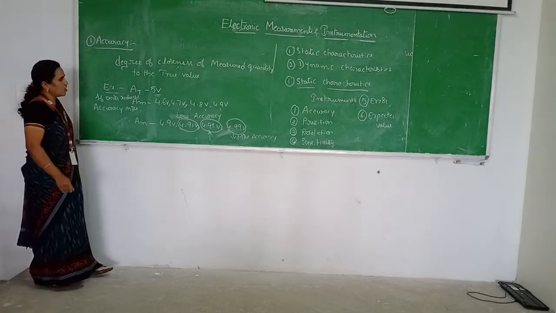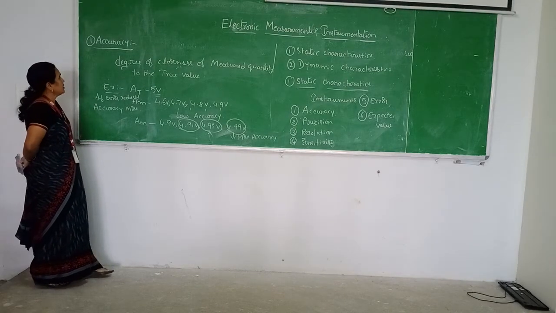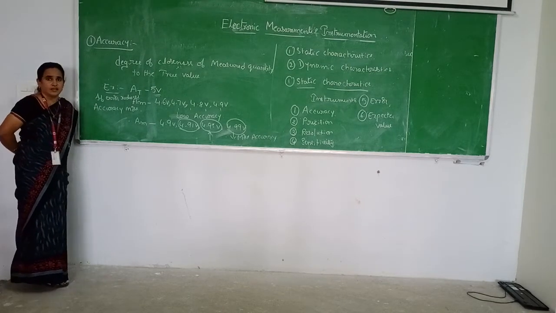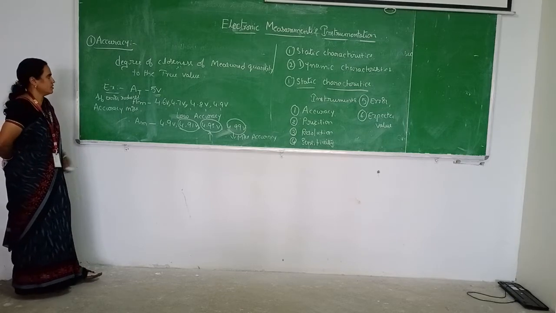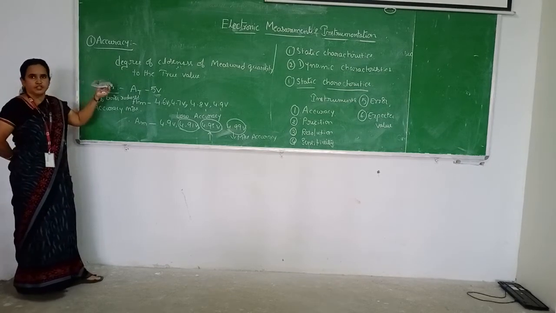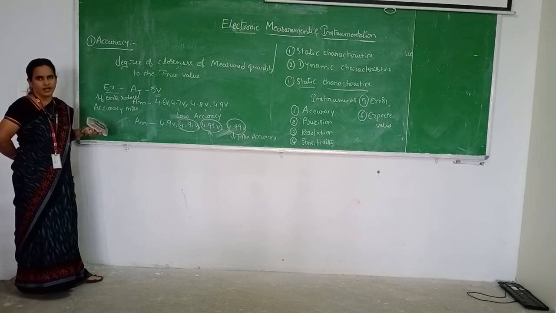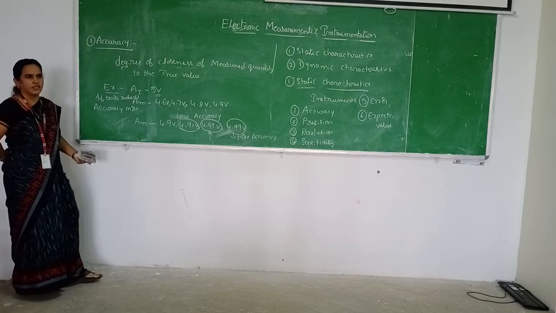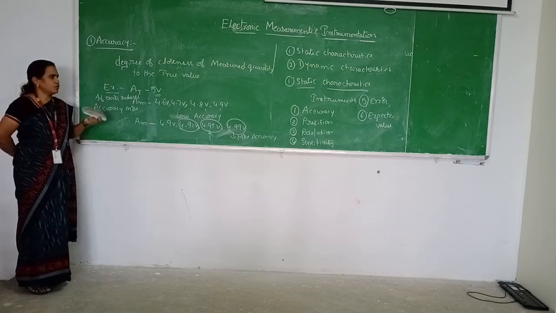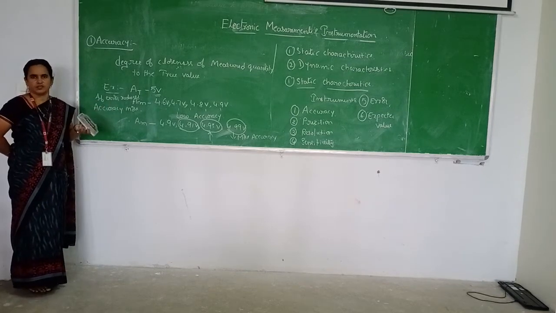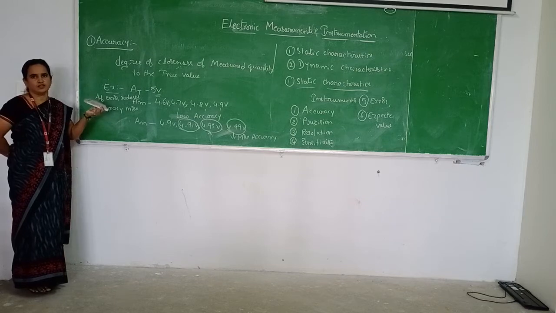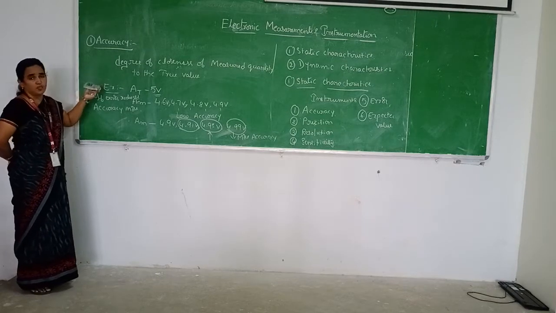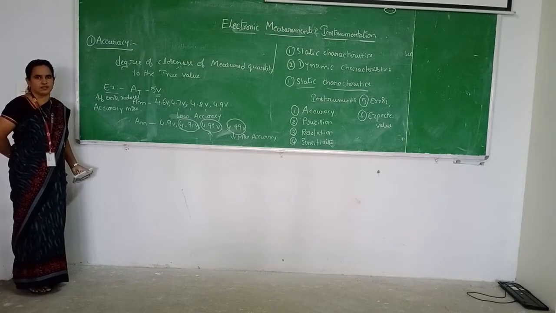So this is the concept of accuracy. Simply said, it is the ability of an instrument to show the exact reading. The ability of an instrument to show the exact value of measurement, that is called accuracy. This is the most important characteristic.